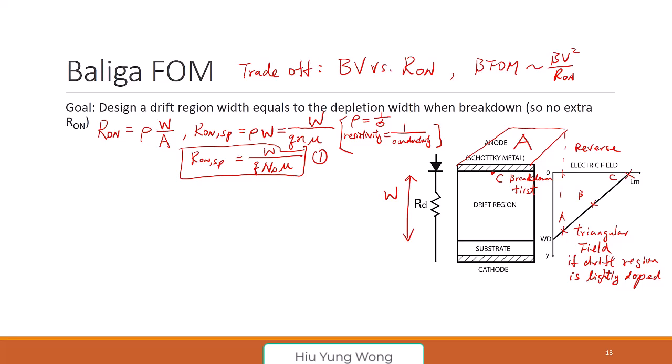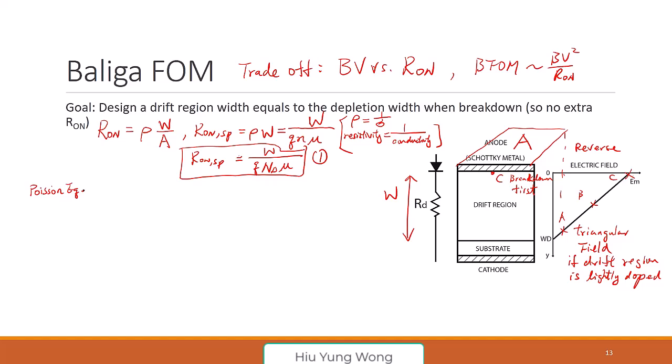Now I want to look at what the breakdown voltage is. If you use the Poisson equation, you will find that, do I spell it right? Maybe I spelled it wrong, sorry.